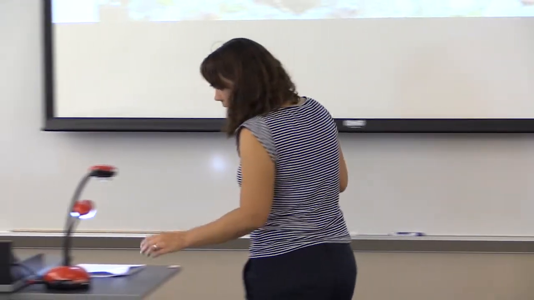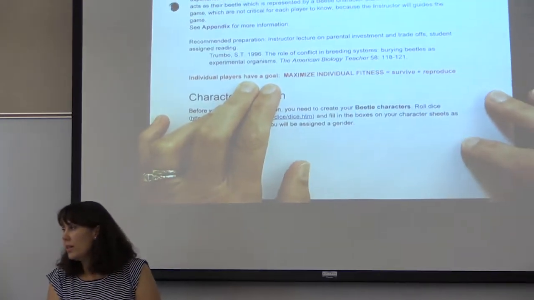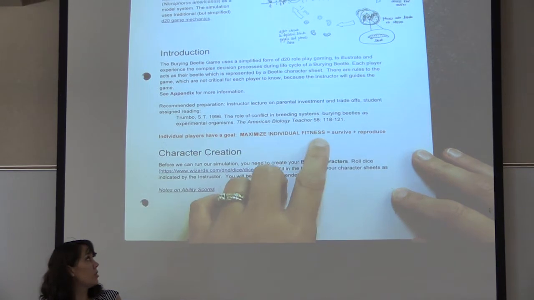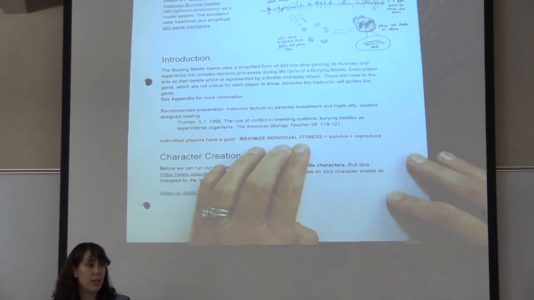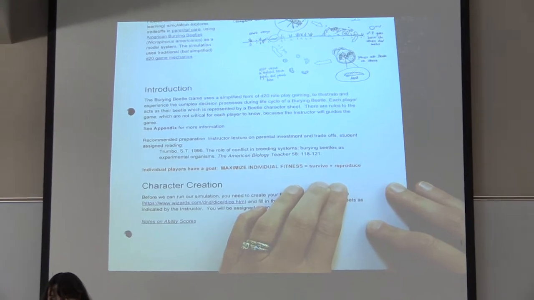All right. So at this point, what we're going to do is we want to start on our front page of your game. And I want you to keep this in mind. You have a goal. Each one of you is a beetle. And your goal is to maximize your individual level of fitness. So that means that you have to survive and you have to reproduce.